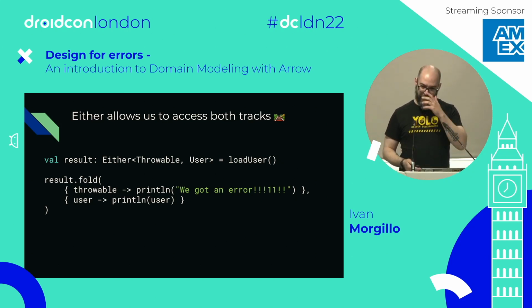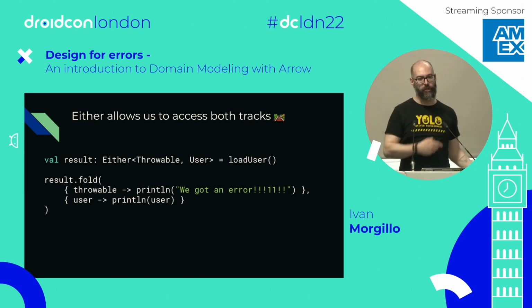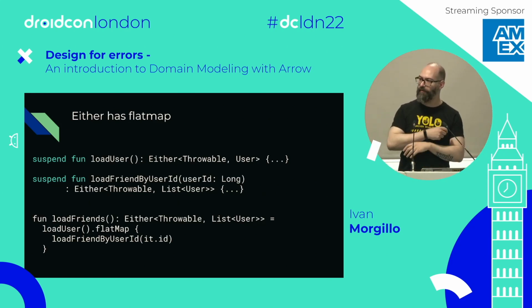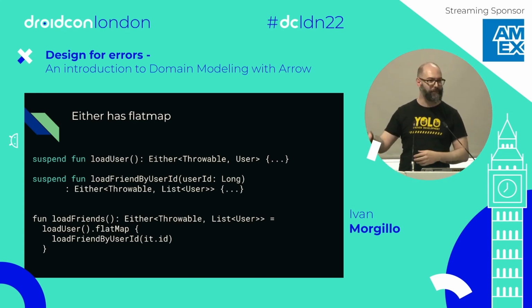But the beauty of Either is that it has the missing piece from Result. How do I plug these two things into each other? And that's flatMap. The naming is, well, we are creative people. If you have an introduction to Kotlin, you know map and fold. flatMap is also there.